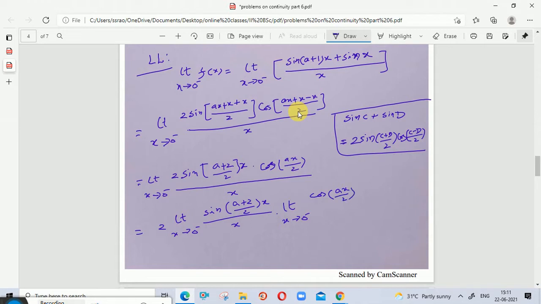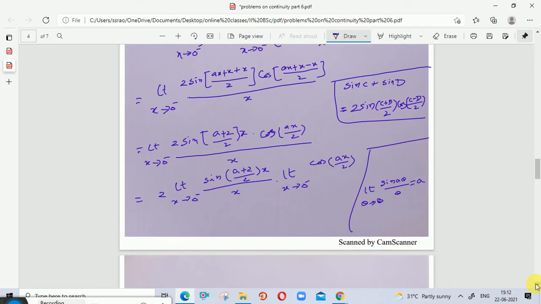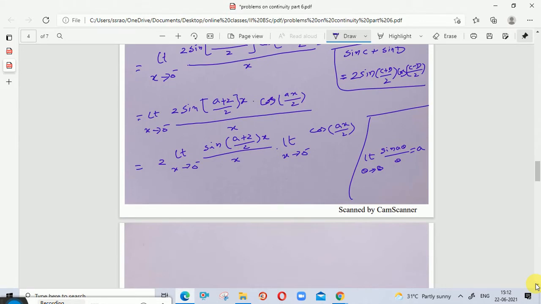We know the formula that the limit of sin a theta by theta as theta tends to 0 is equal to a. We apply this formula here. Then it is equal to 2 into (a plus 2) by 2.